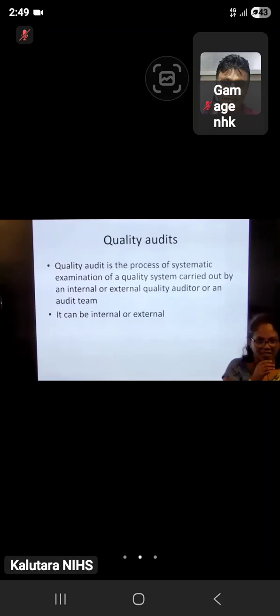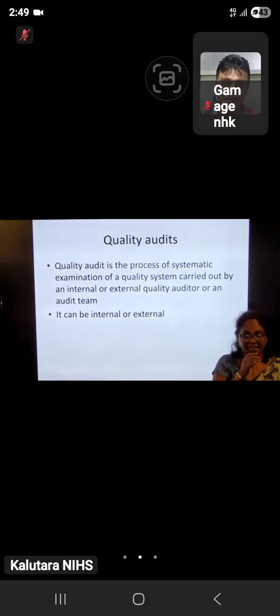That means expert people come and see your quality process: how you process samples, how you do the quality control, whether you follow the SOPs. Even though you have the SOP, sometimes you are not following it. They will ask you questions, give you a questionnaire, and ask anything regarding the quality system. They will use a checklist to check the quality system.